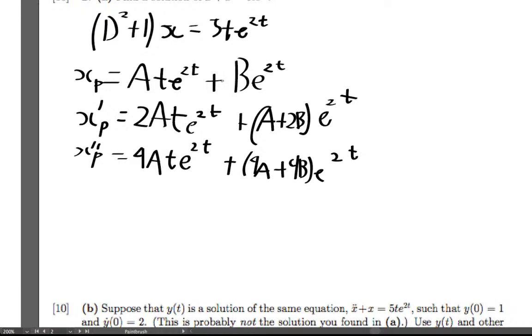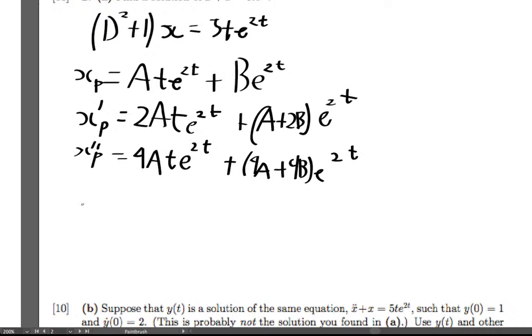And so, you want to go ahead and add this guy up with this guy, because that is what is wanted. You want to take the second derivative, add it up with the first derivative, and hope you could get this guy here. So I will do this on my iPad as well. There will be 4a t e to the power of 2t plus (4a plus 4b) e to the power of 2t.